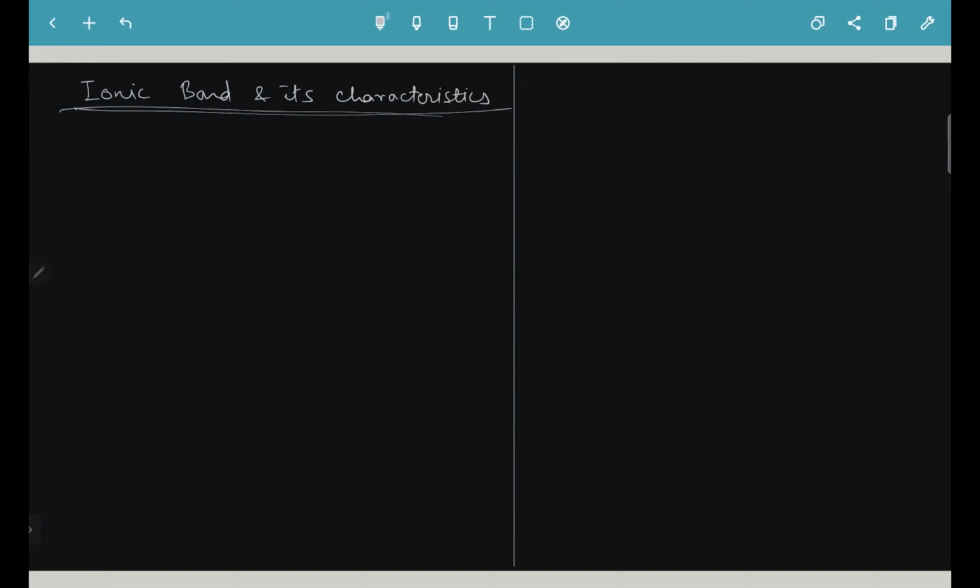The cations and anions attract each other via electrostatic force of attraction to form ionic bond or ionic compounds.